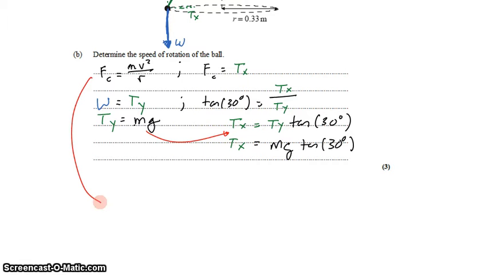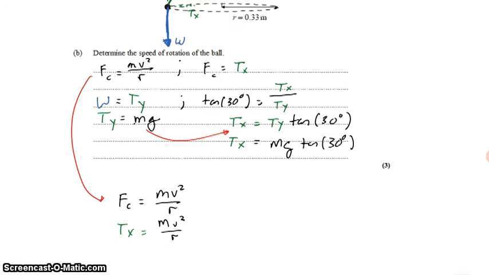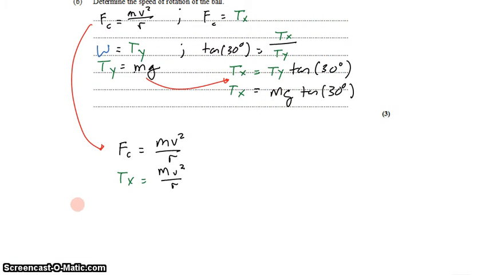So let's take this equation down here. We'll start over. Fc, centripetal force, is mv squared on r. But the centripetal force is Tx. So Tx equals mv squared on r. But I know what Tx is: Tx is mg tangent of 30 degrees.